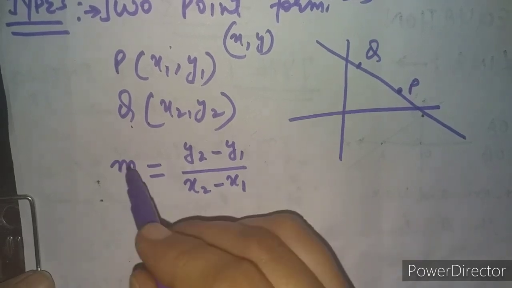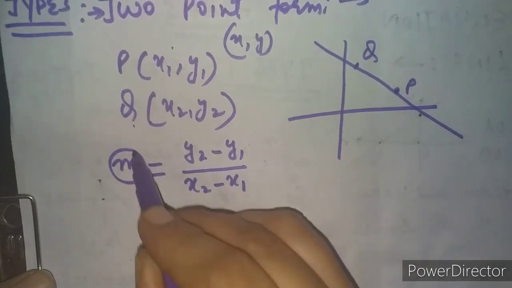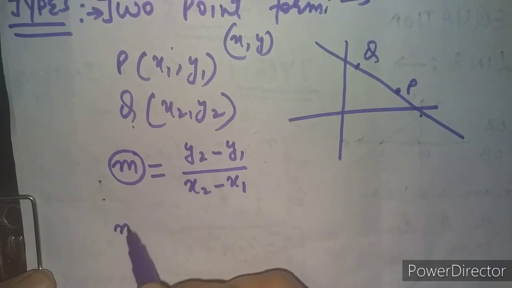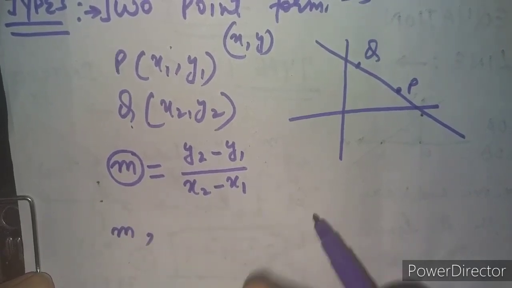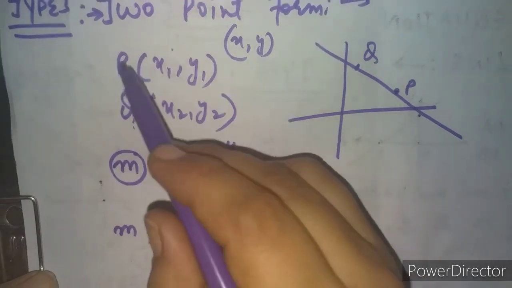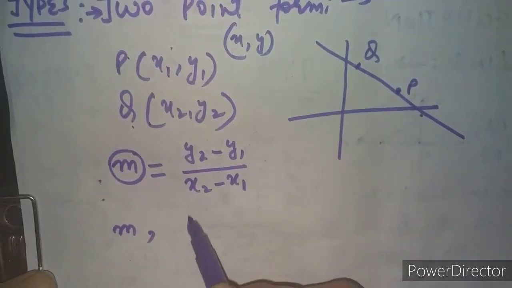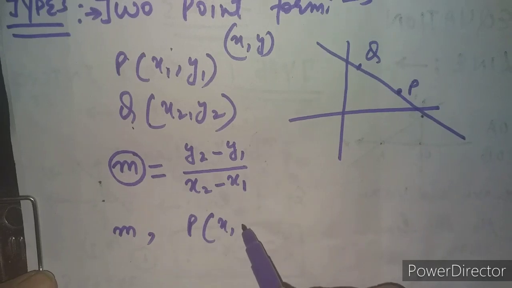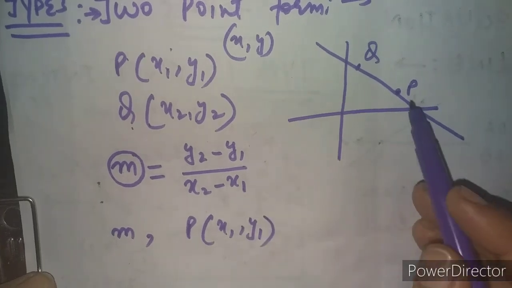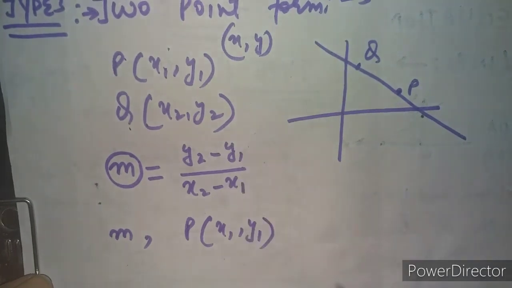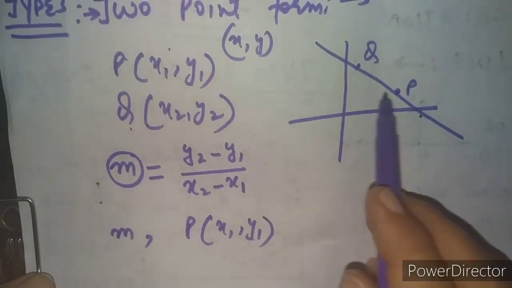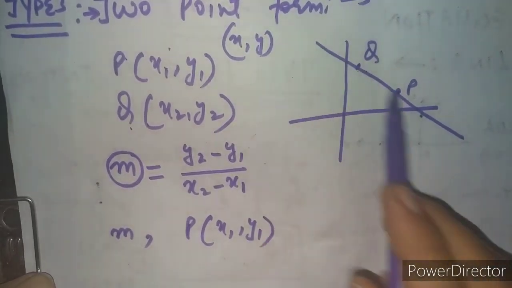So once this m is known to us, we have the slope of that line. Along with that, out of these 2 points, we can use any point. Let me use one point through which the line passes, and depending upon the question, you can use the second point also. The answer will always remain the same because these 2 points lie on the same line.